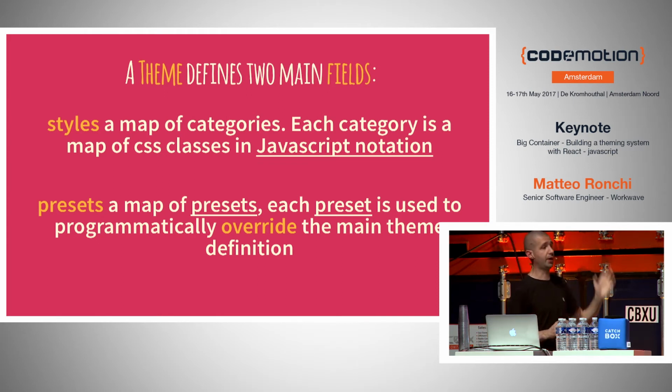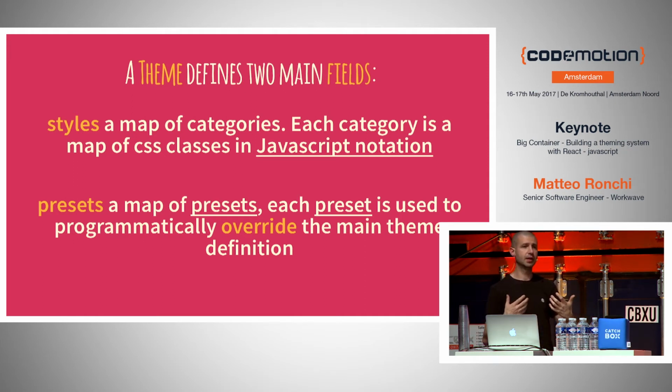And then we have presets. Presets are a sort of predefined override for the base theme. So we have our cool theme, but we need a darker version, or a lighter version, or a disabled version. And the changes required for having a dark version are very small, but affect the whole theme.